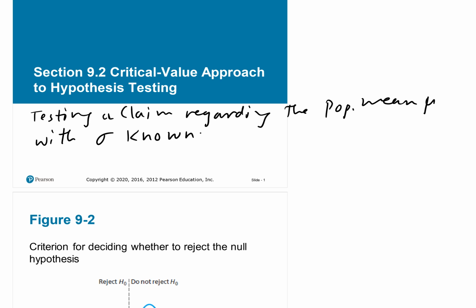And so if a claim is made regarding the population mean with the sigma or standard deviation given, we can use the following steps. First, a sample is obtained from simple random sampling.